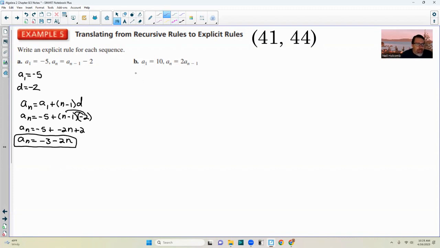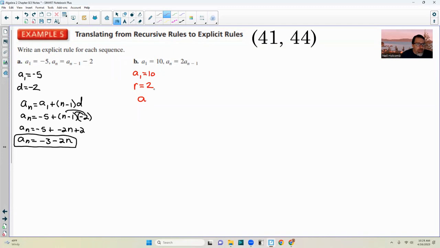Here we have a sub 1 given 10, and this is multiplication, so this is a common ratio of a geometric sequence. And our common ratio r is the term in front, which is 2. So I know a sub 1 is 10 and r is 2.